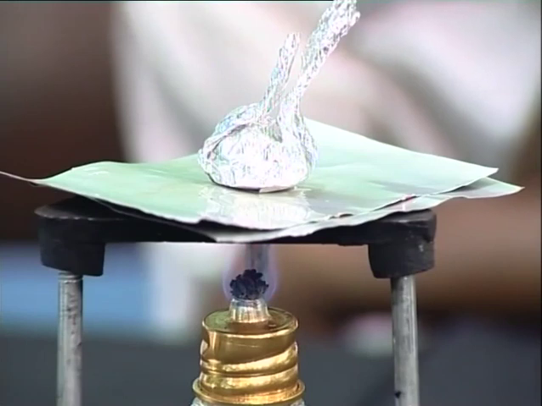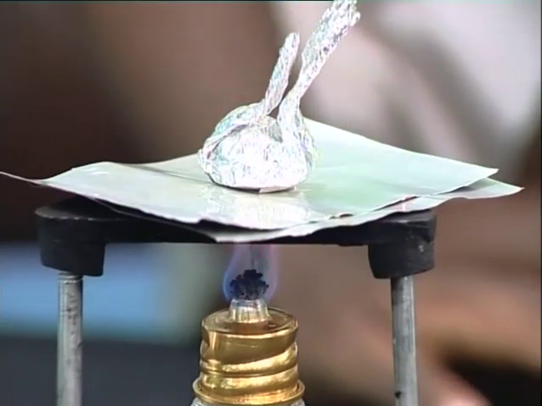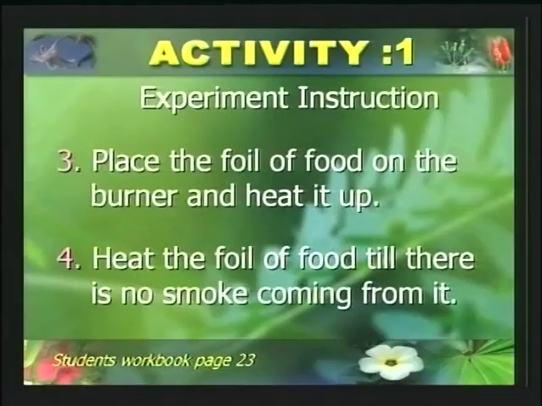Your fourth instruction, while you're doing that, have a look at your fourth instruction.